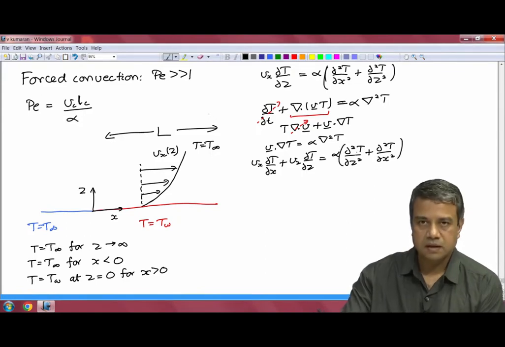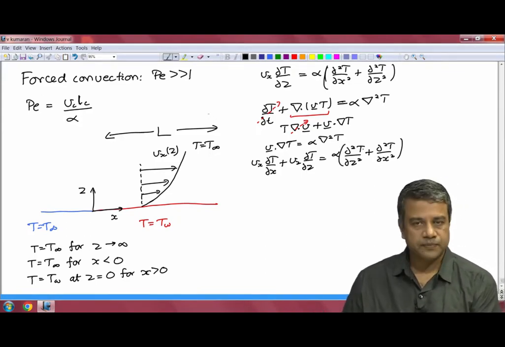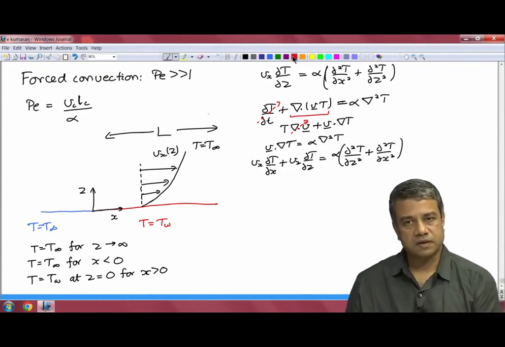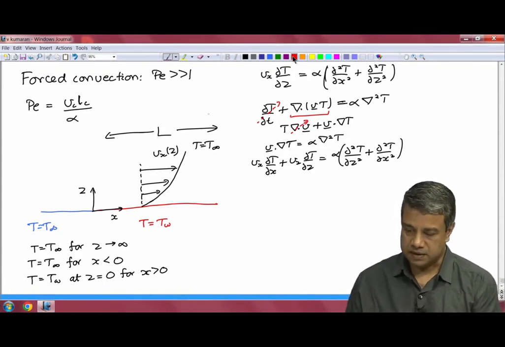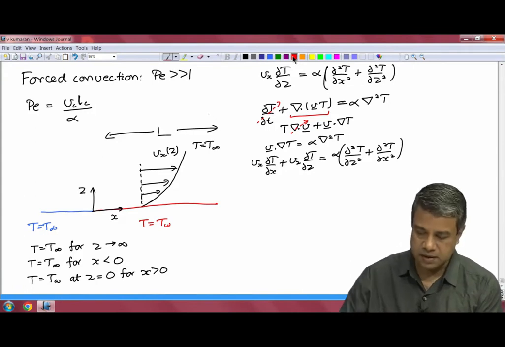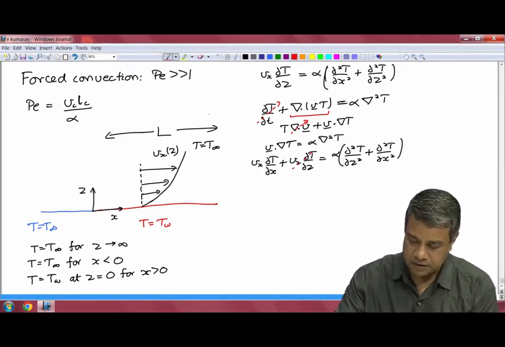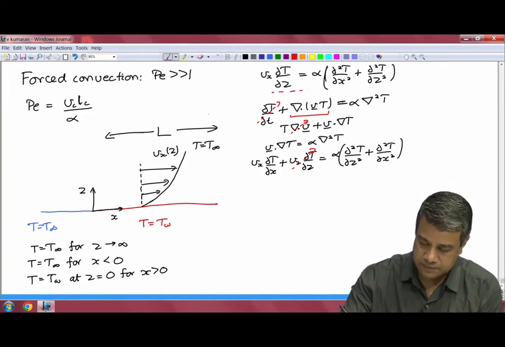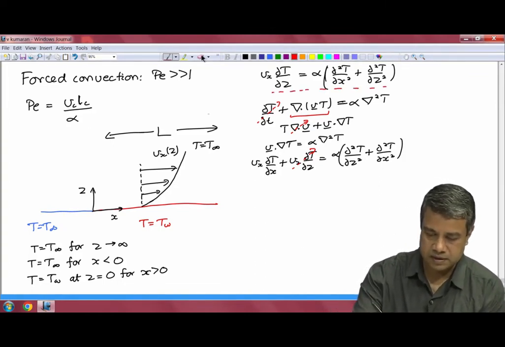So, that is the differential equation. The flow is not always unidirectional, but in this particular case it is a unidirectional flow. Therefore, this term becomes 0 and I end up with this conservation equation.